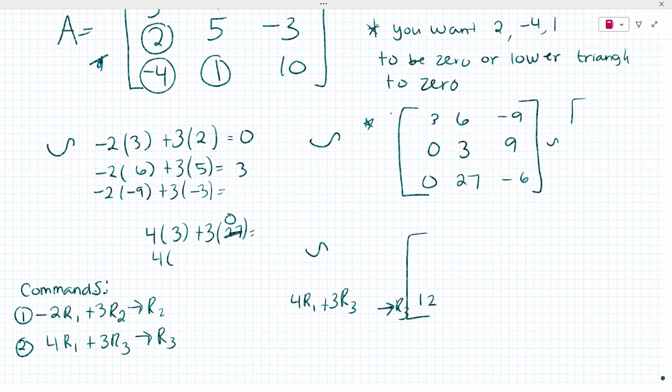4 times row 1, second number in row 1 is 6, plus 3 times the second number in row 3. Yeah, this would be 105.